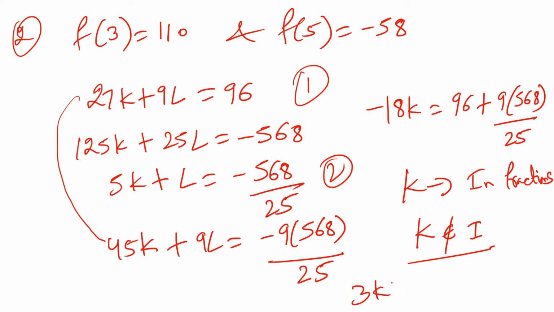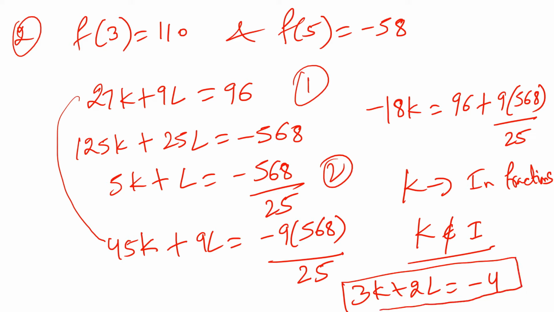So finally 3k plus 2l is equal to minus 4 is our final answer. So hence option A is the correct one. Now students, this was a nice question involving the concept of functions. Now we move to our next problem.